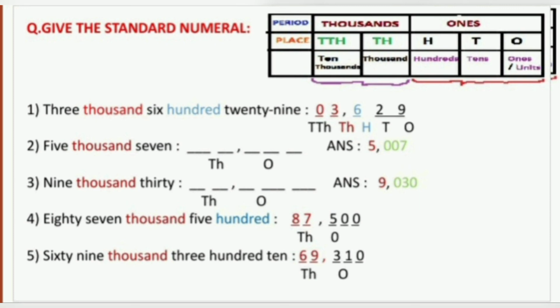Now come to this slide and check your understanding. You will just see the question and check your answer afterwards. Here, give the standard numeral. The first question given is 3629. When you read the number in thousands, first you will put 5 blanks.